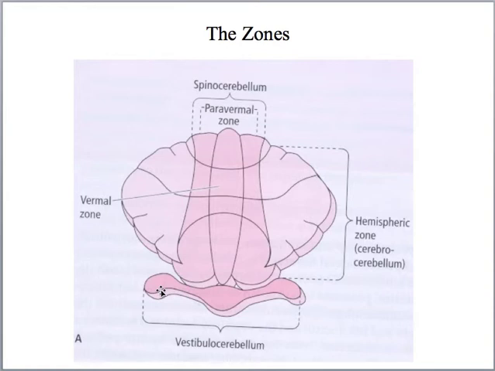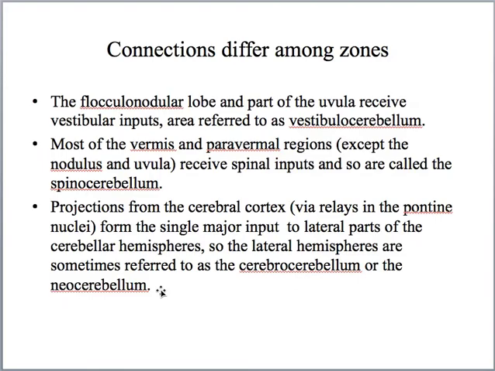This is where your vestibular ganglia tracts are going to ultimately synapse within the cerebellum, within this area referred to as your vestibular cerebellum, also known as your flocculonodular lobe. Okay, and that's all I want you to know about that. Again, the flocculonodular lobe receives vestibular input, and that's referred to as your vestibular cerebellum.